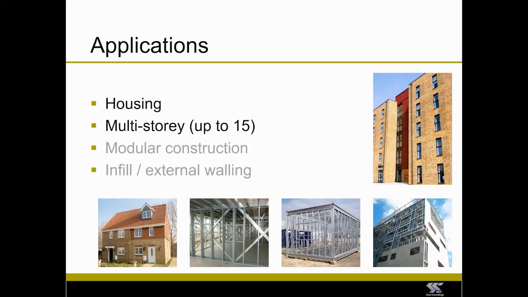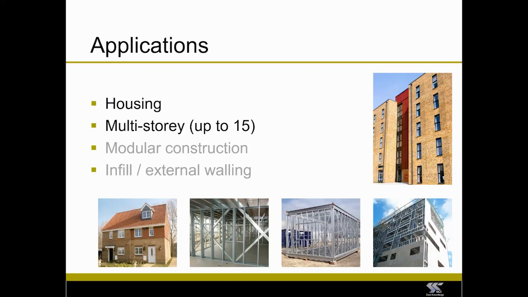Those are the two that we're really talking about, and those are the main focus of the publication. But also light steel framing and cold formed light steel members are used in modular construction. So much of what we talk about can also be applied to modular construction, although there will be some slight nuances that mean it's a different sort of application for modular construction, but there's obviously a large degree of crossover.